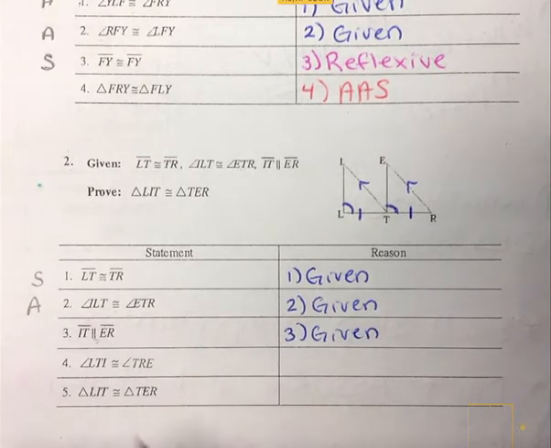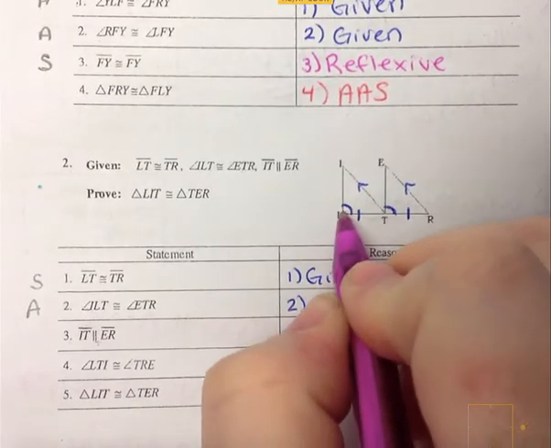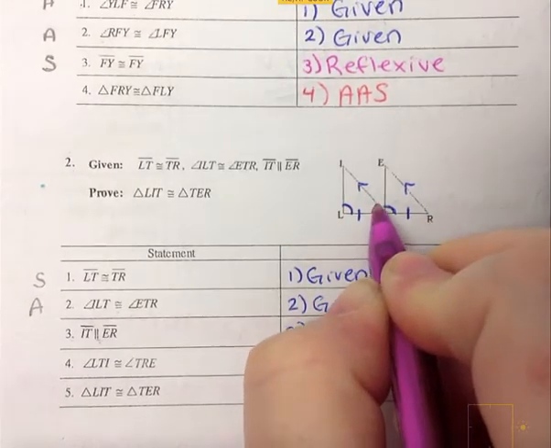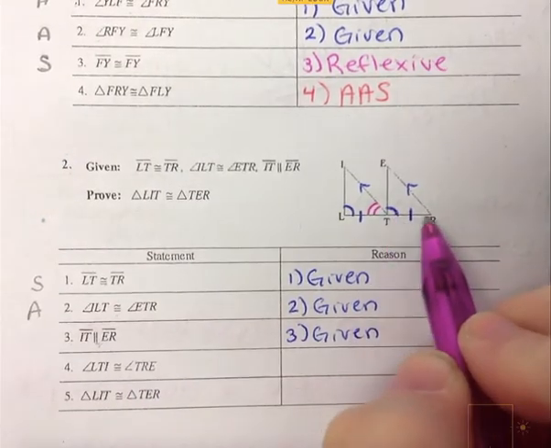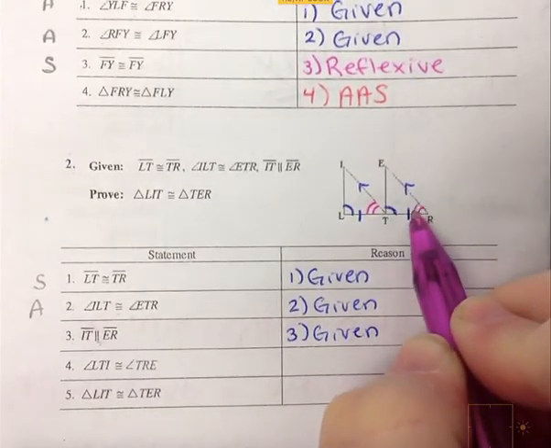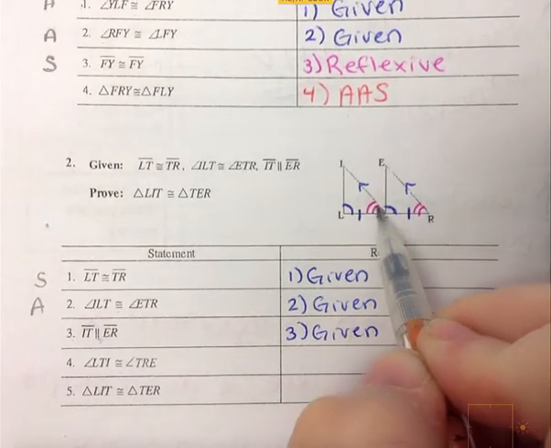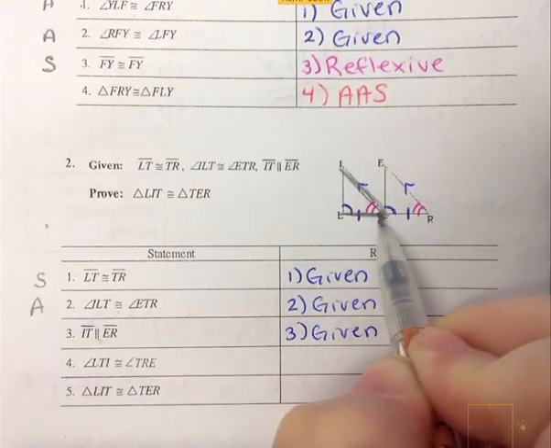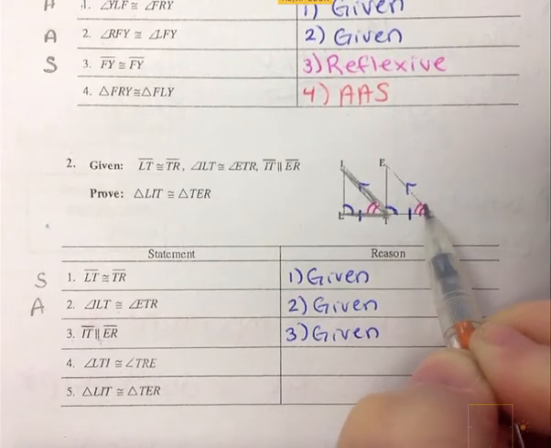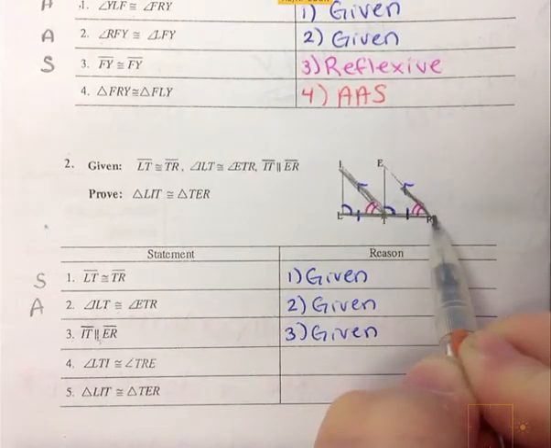So statement 4 says that angle LTI, so this part of T, two arcs here, is congruent to angle TRE. R is our vertex, R is here. Now we just have to figure out what type of angles they are. This angle is touching the parallel line and another line. This angle is touching the other parallel line and the same line as the other, so that's the transversal.